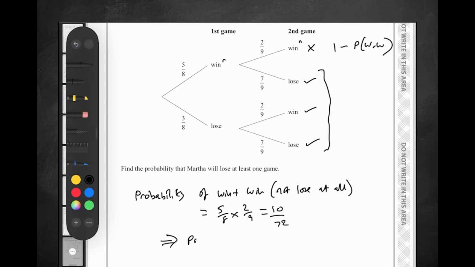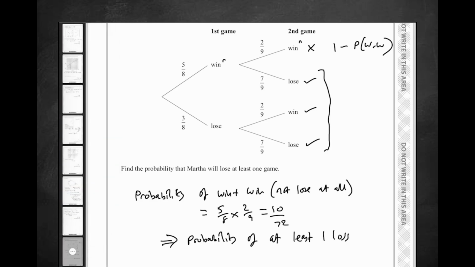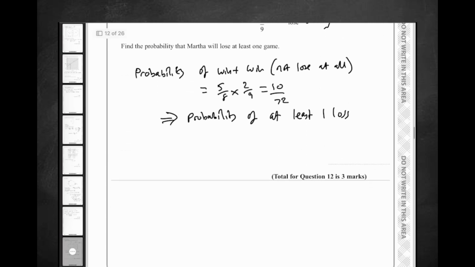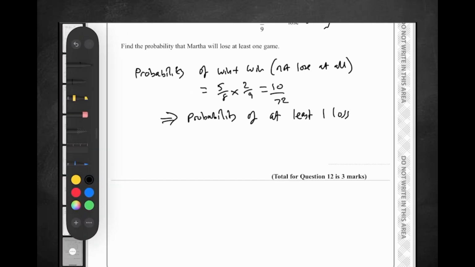Therefore, probability of at least one loss, scroll down, is 1 minus 10 over 72, which equals 62 over 72.